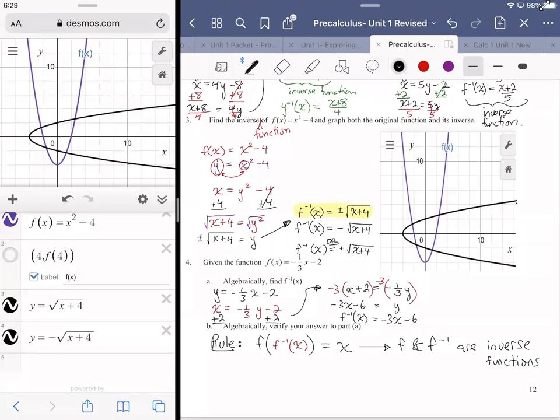Oh, that's an and symbol. Okay. At least it's trying to be.